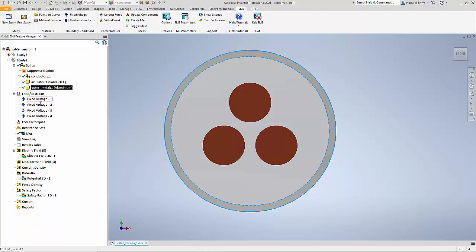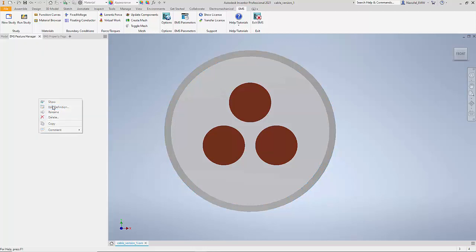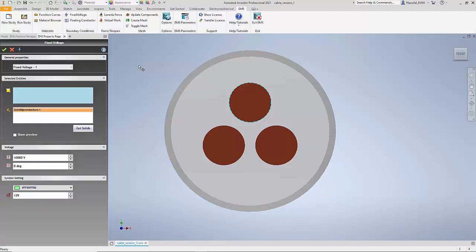Let us see what kind of voltages we apply to the three conductors. The three conductors carry AC voltage with an RMS value of 10,000 volts. So the first conductor carries 10,000 volts and the voltage phase is 0 degrees.